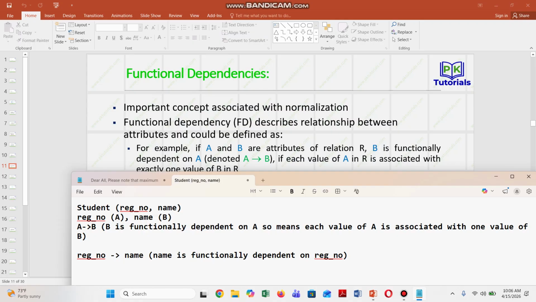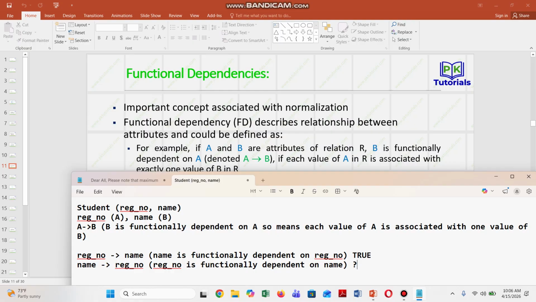Now if we reverse it, and say registration number is functionally dependent on name, is this true? No, this is not true. Why? Because if we say Muhammad Ali, there can be 8, 10, 15, 20 Muhammad Alis.